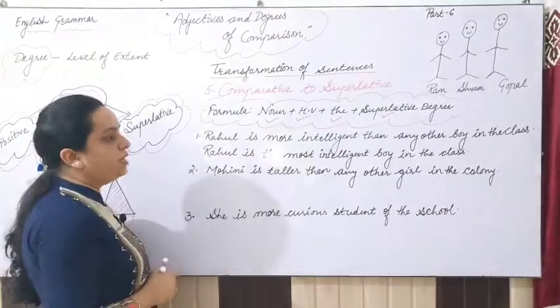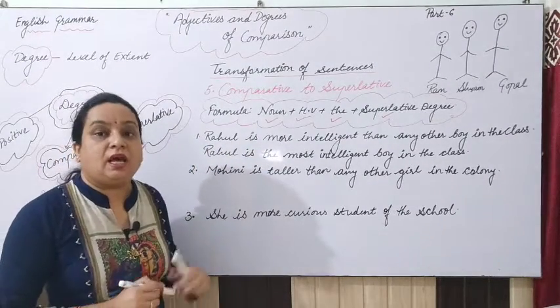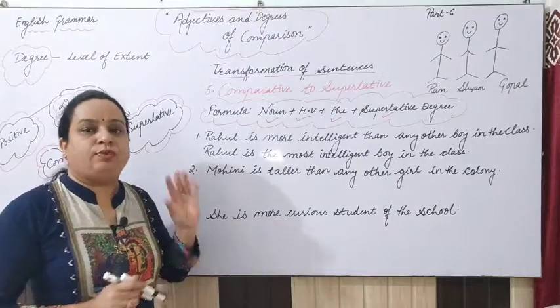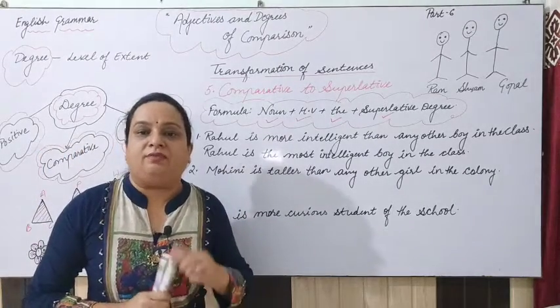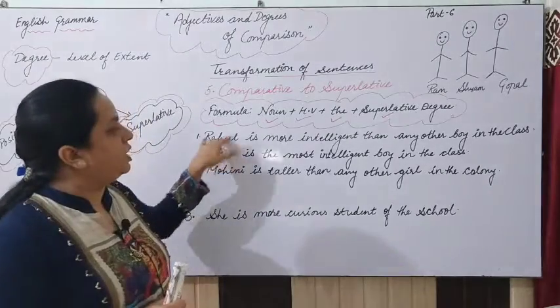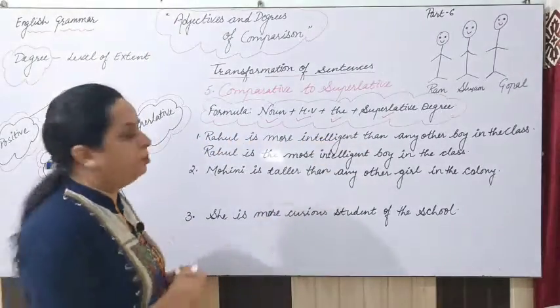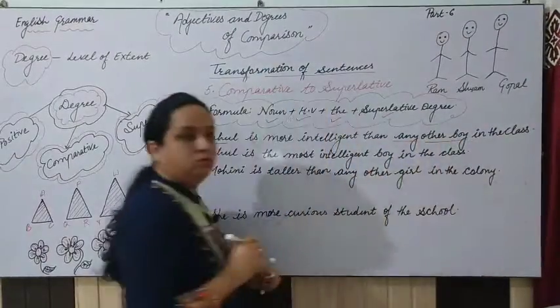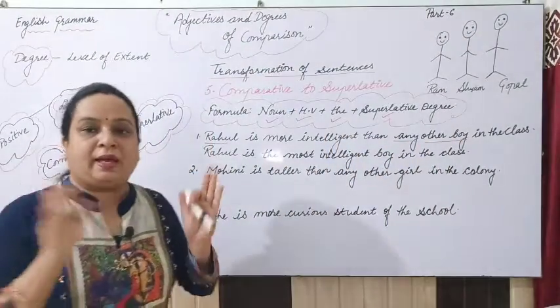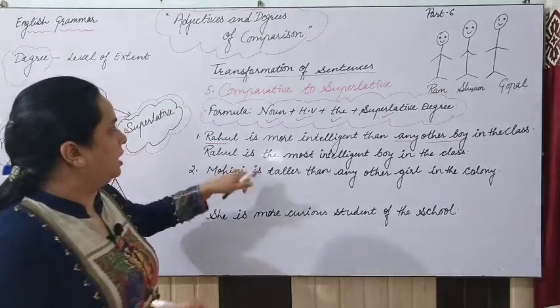Rahul is more intelligent than any other boy in the class. First we have to understand how this sentence has comparative degree. Rahul is being compared to any other boy, so a comparison between two things is being done.